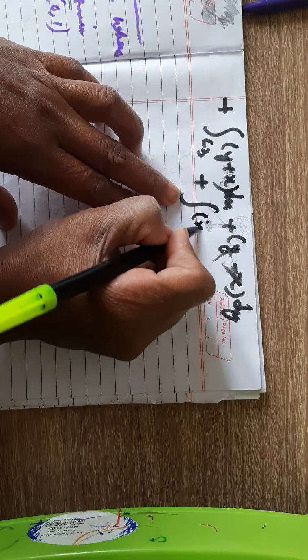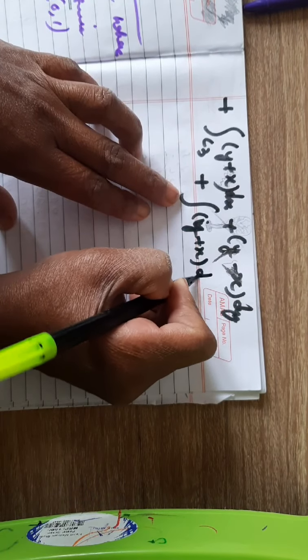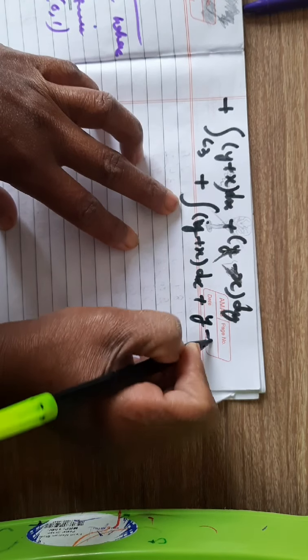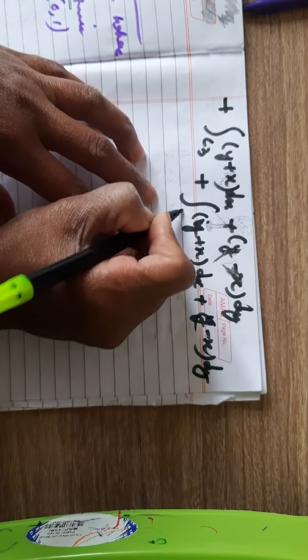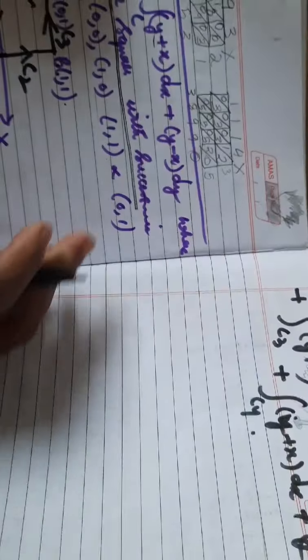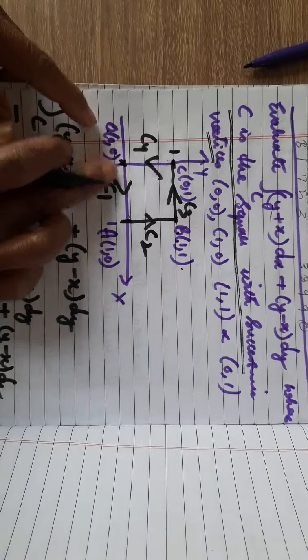So it will be (y + x) dx + (y - x) dy over C4.